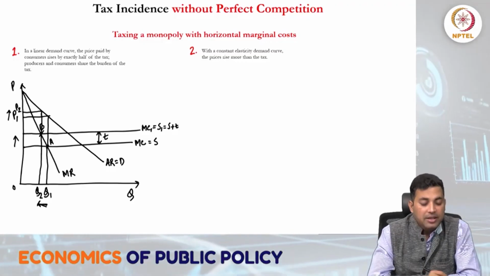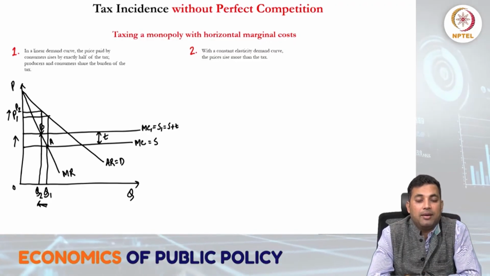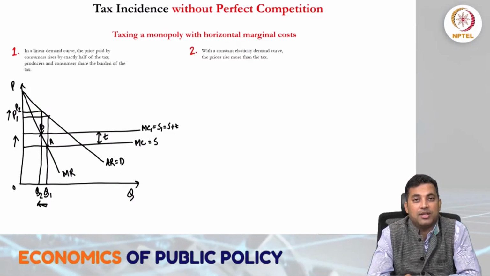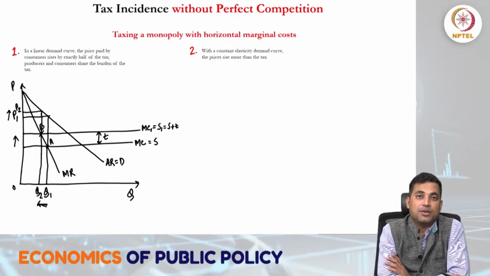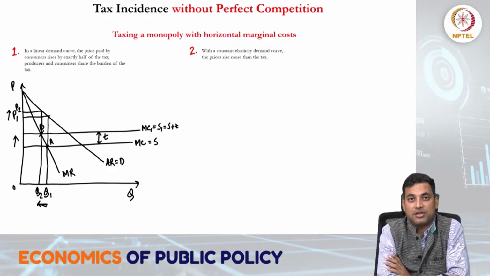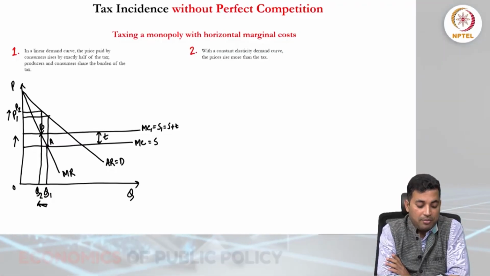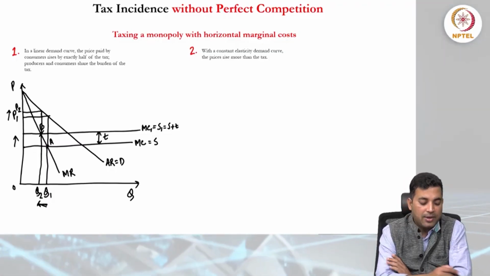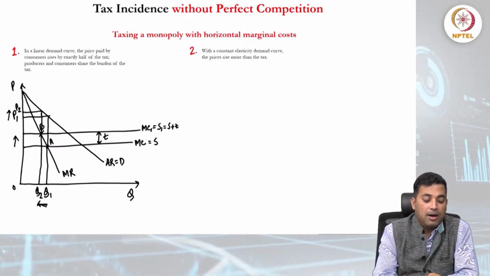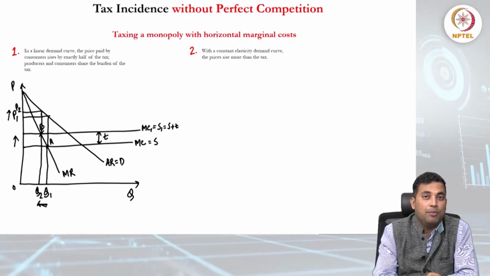Now, at the new equilibrium point, where the new MC, MC1, is intersecting with marginal revenue, which is the first order condition of profit maximization for the monopolist, that is point B, and you can see that price is increasing from OP1 to OP2.